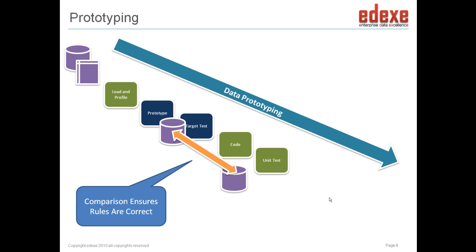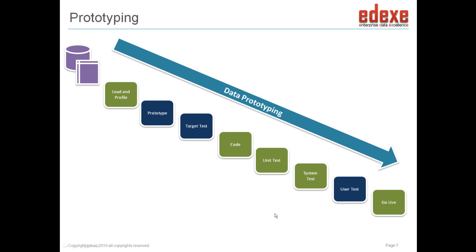So once we've completed our unit test, we can then proceed through system and user test and put the project live. So let's take a look at the benefits of this approach over waterfall. Firstly, the majority of iterations will be at the beginning of the project before the major expense of coding and testing is incurred.